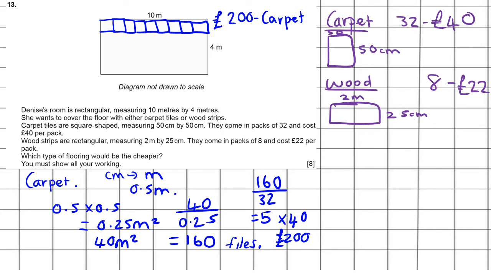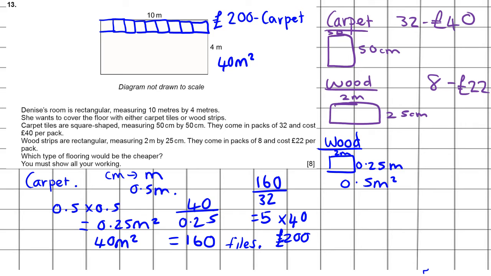Okay, and now we do wood. We have to convert everything now. So 2 meters is already converted. 25 centimeters into meters gives us 0.25 meters. Work out the area again, which gives us 0.5 meters squared. We know the flooring is 40 meters squared.